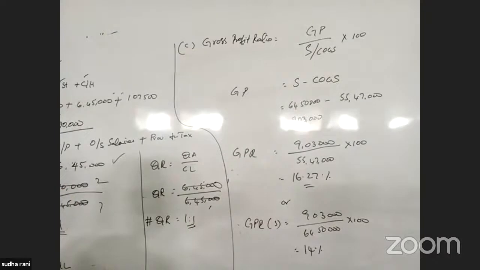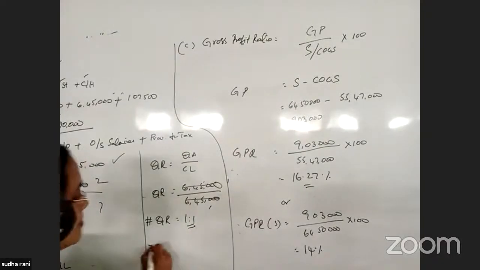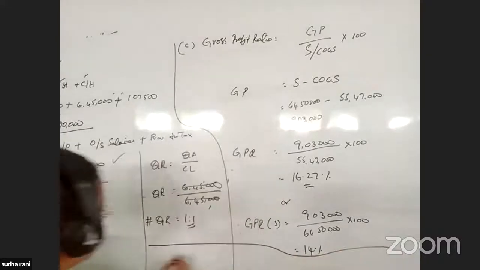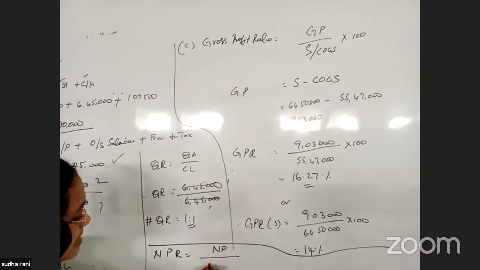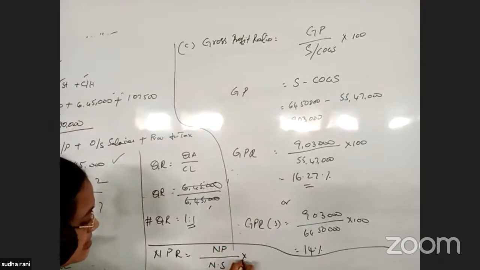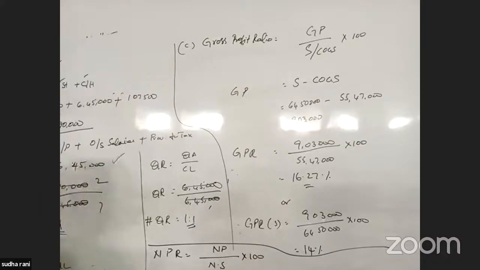Okay. Next one is the net profit ratio. Now if you see the net profit ratio, what is the formula? Net profit divided by net sales into 100. In the question, you have been provided with the net profit and net sales. Here you have been provided with two net profits.